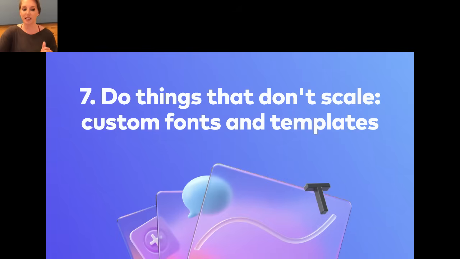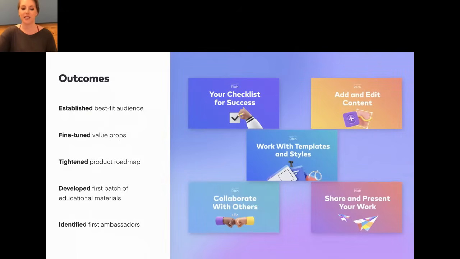At the end of this beta, or at the end of this phase, we had a clear idea of the types of users that were good candidates for our product, the key selling points based on the current state of Pitch, what we needed to prioritize from a product standpoint moving forward, as well as from a product education standpoint, and the concepts that we really needed to focus on educating new users early on.